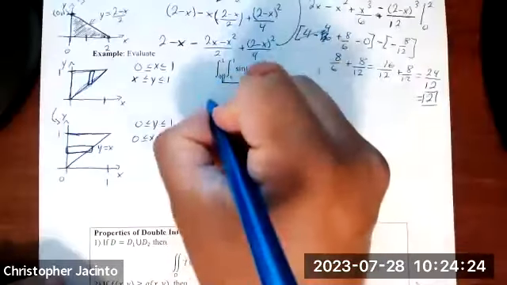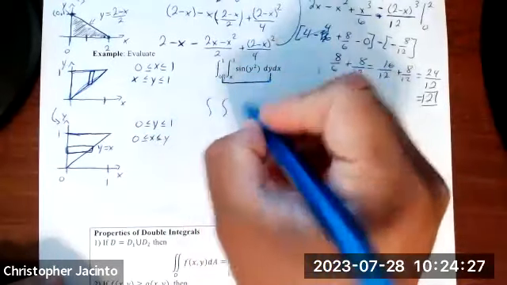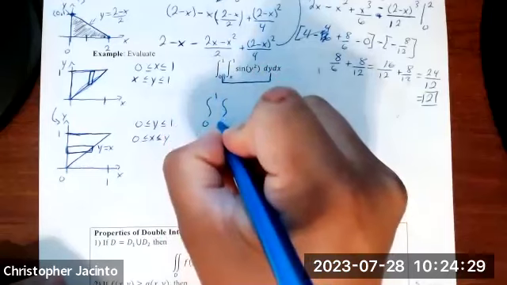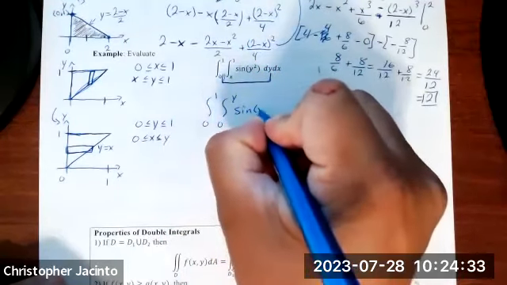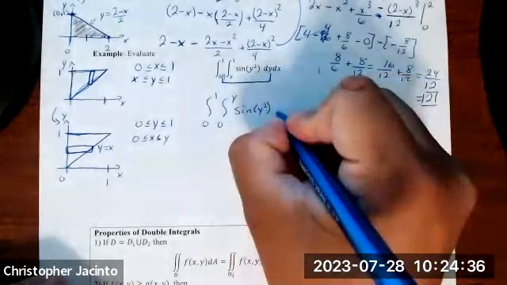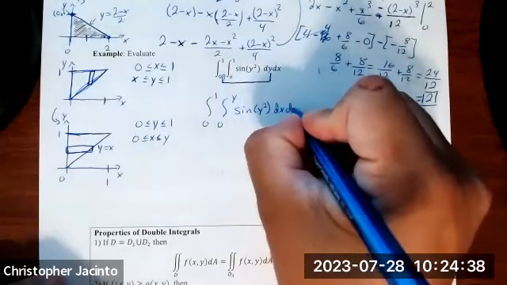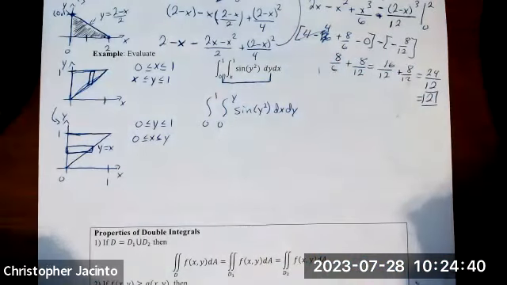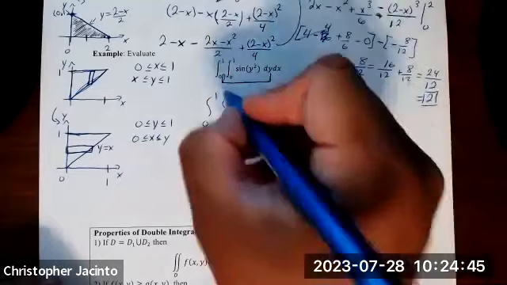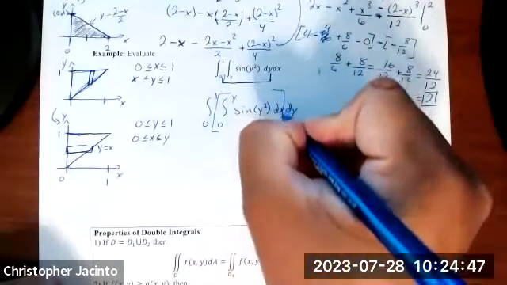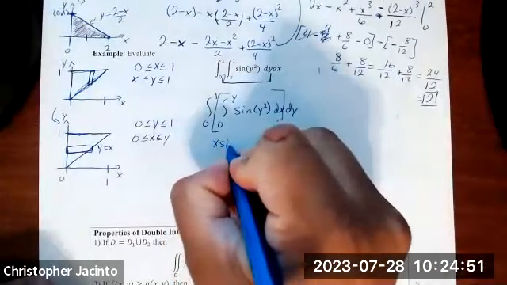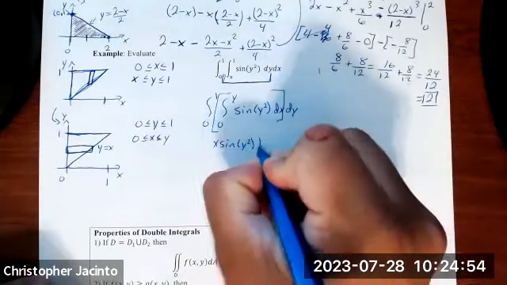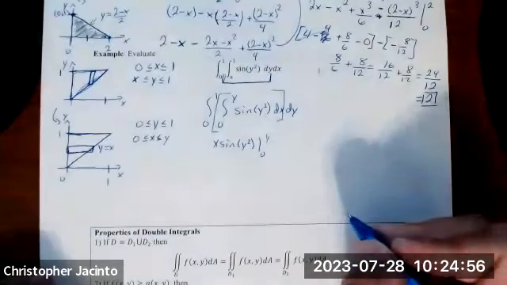So now our change of bounds is going to look like this. Now y is going to be on the outside, and x is going to be on the inside. So if we take the integral with respect to x now, it's just going to be x sine of y squared evaluated from 0 to y.